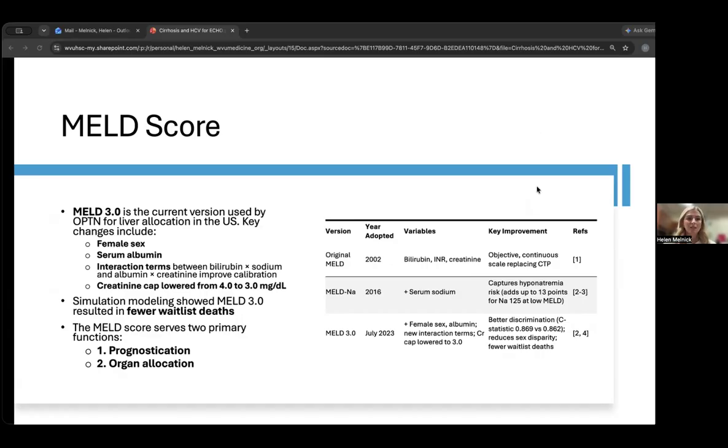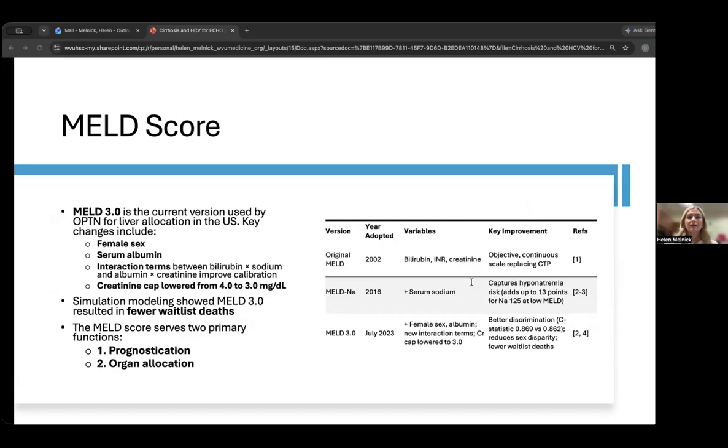The major updates with this include that they have adjusted it for female sex. So women receive an additional 1.33 points to address prior waitlist mortality disparities. Albumin incorporation improves assessment of synthetic function and nutritional status. Interaction terms, we're looking closer at between bilirubin and sodium and albumin and creatinine, which improves the calibration.